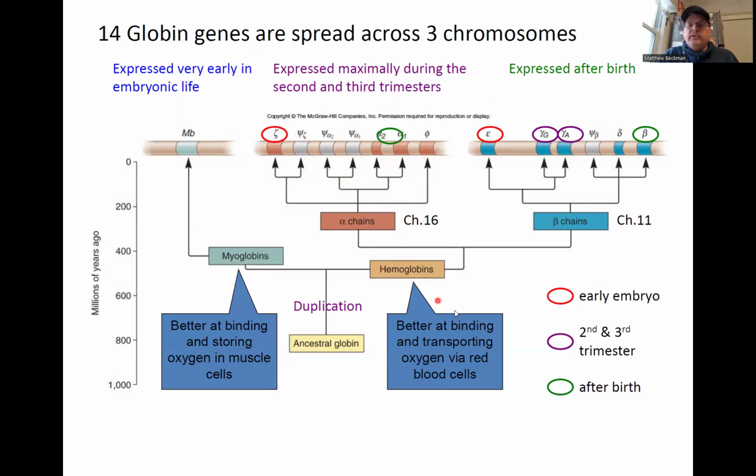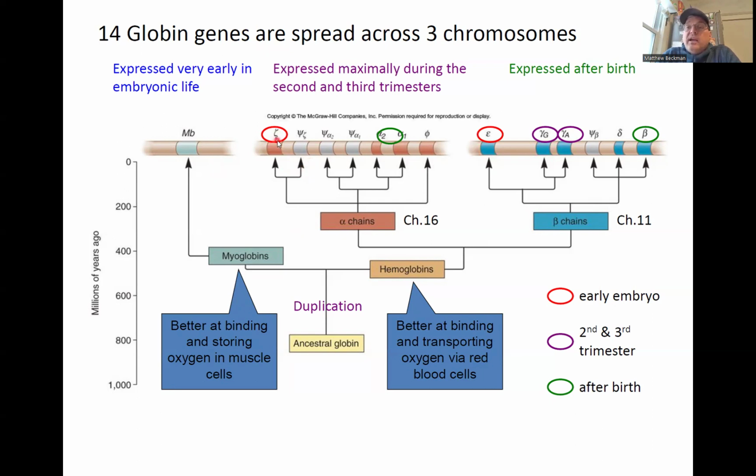They serve different purposes. So if we look at the ones surrounded in red, I'm forgetting what that symbol is, it's a hard one. This isn't lambda, but maybe it's zeta or something. These are present in embryos, so they have a different affinity for oxygen. Remember, embryonic mammals are getting the oxygen from the mother, and it's transferred across the placental barrier.